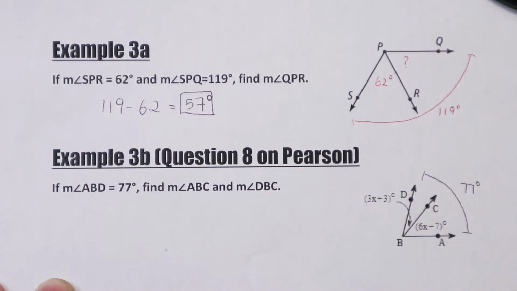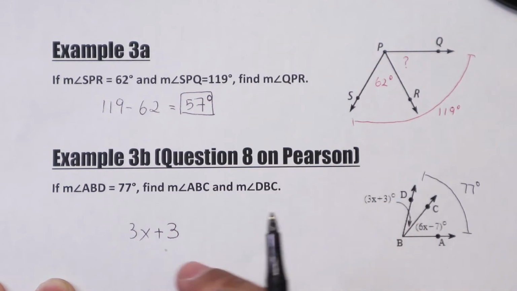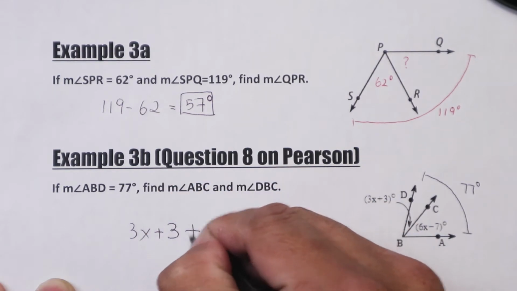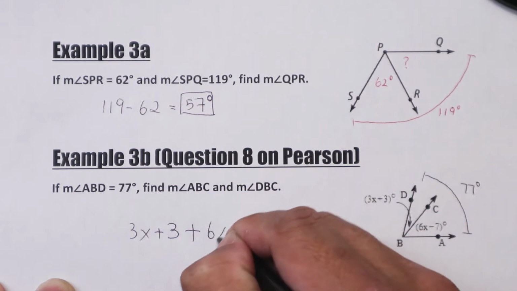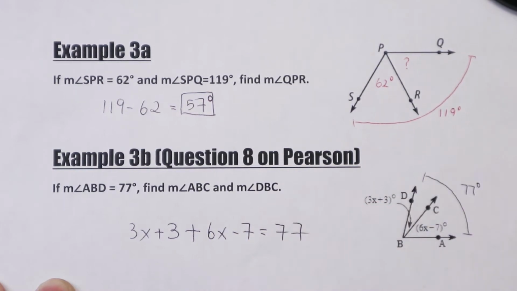So you have to use the angle addition postulate to set up an equation because I have some variables here, 3x plus 3 and 6x minus 7. Now, don't you agree that if I were to add these two expressions, the whole thing is 77? All you have to do is just set it up like that. So you have 3x plus 3, that's the measure of the top angle, plus the measure of the bottom angle, 6x minus 7, is equal to the whole thing, which is 77.